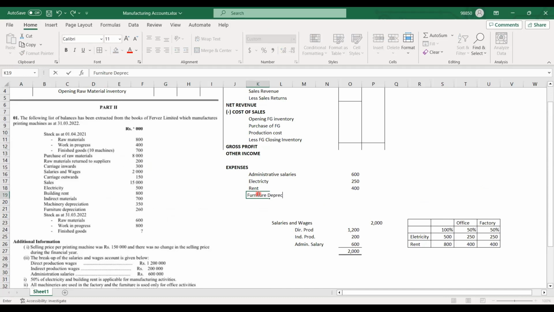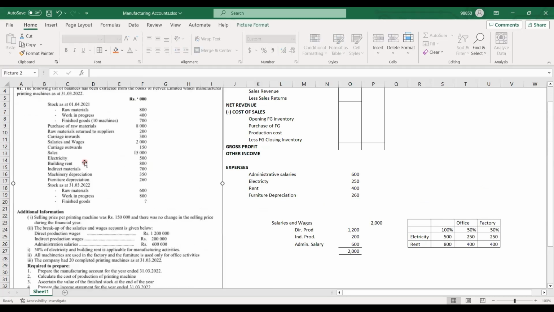Furniture depreciation, 260. So as you're doing the sum, always make sure to tick off the values that you have already used, just so that you don't repeat them again. Even when you're done with the adjustments, just tick it off so that you know it's done.